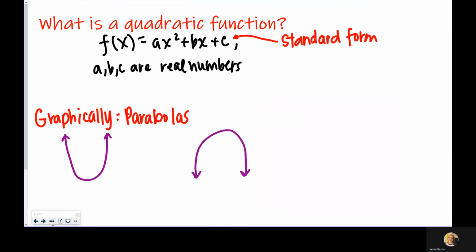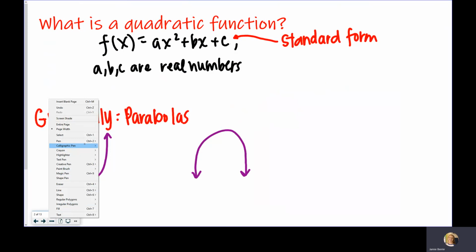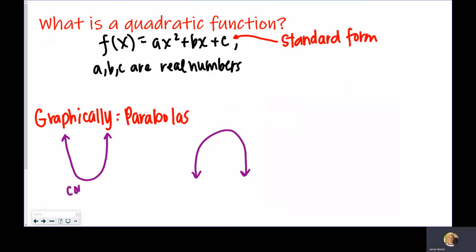So whether or not your parabola is what we call concave up or concave down, so concave up like a cup, concave down like a frown, whether or not your parabola is concave up or concave down depends on the value of a.